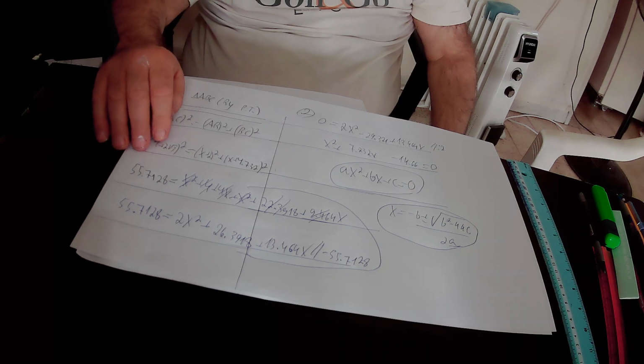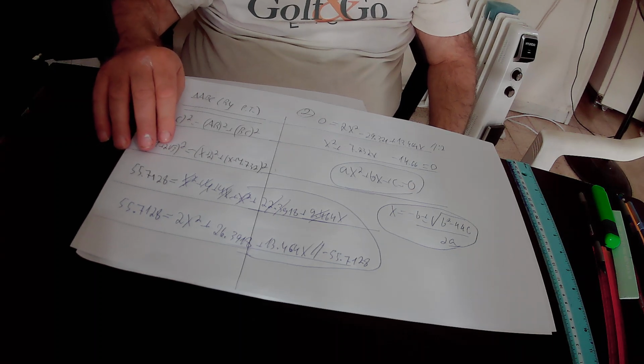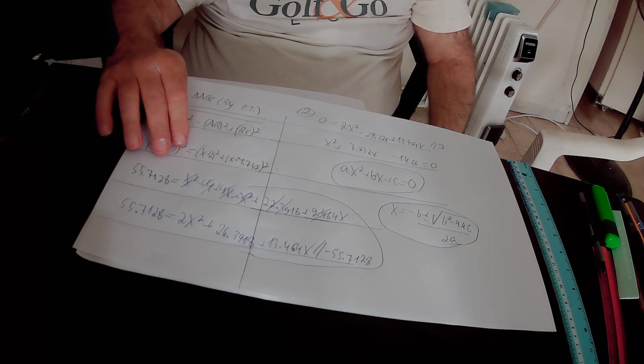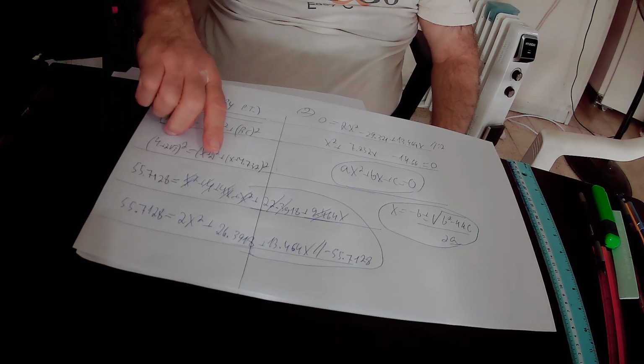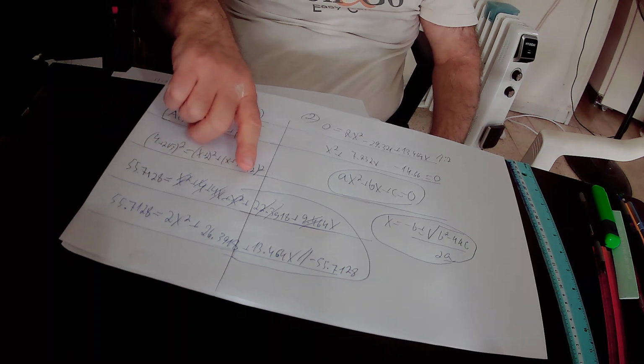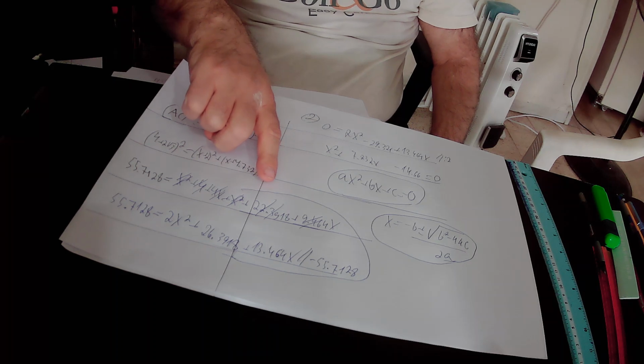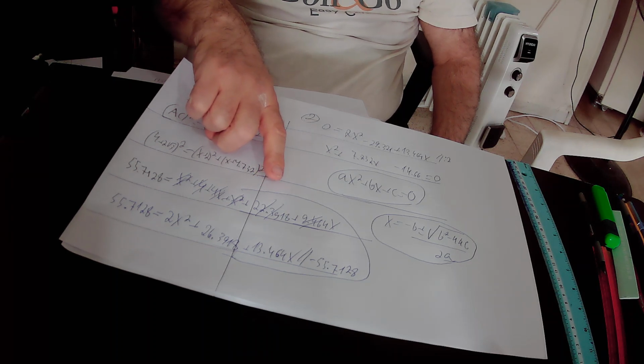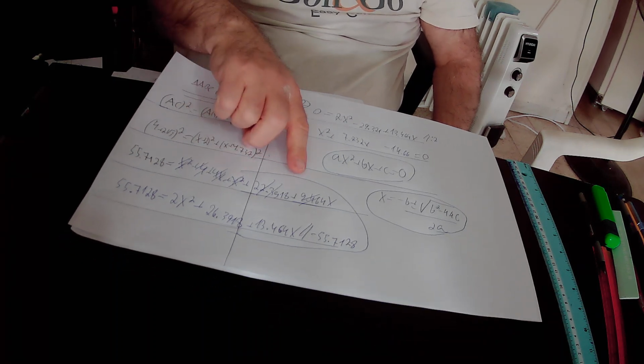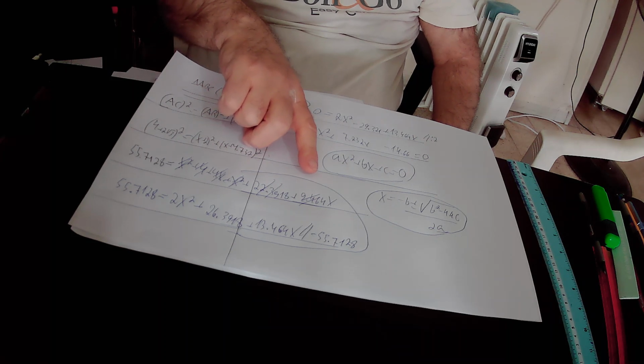So here we have 55.7128 equals x squared plus 4 plus 4x plus x squared plus 22.3918 plus 9.464x.